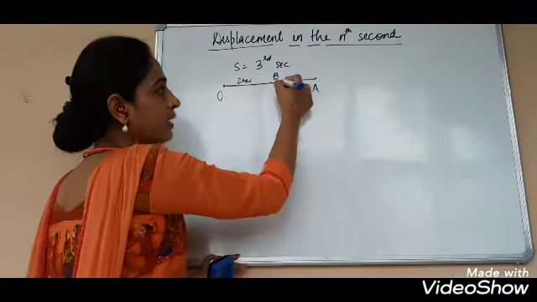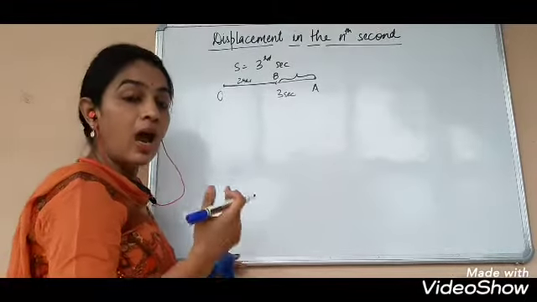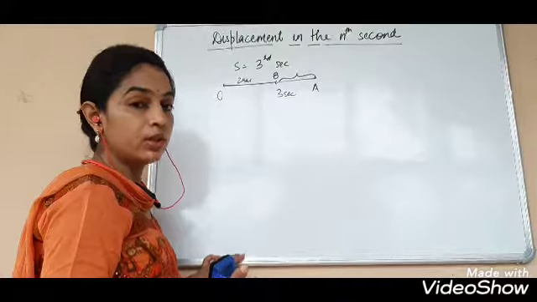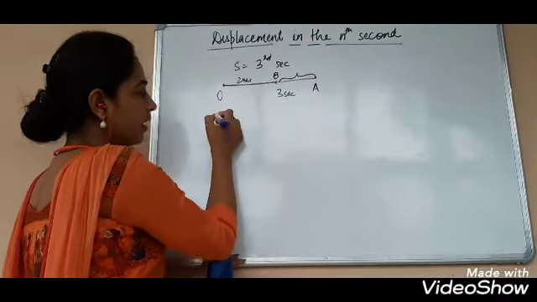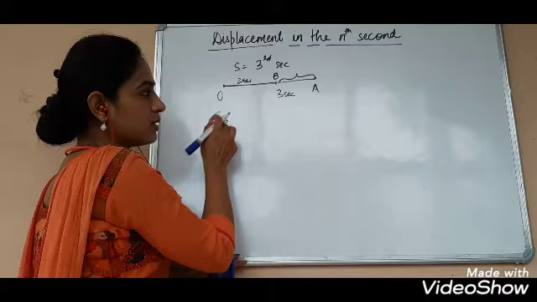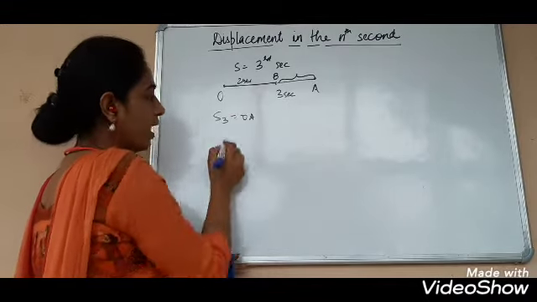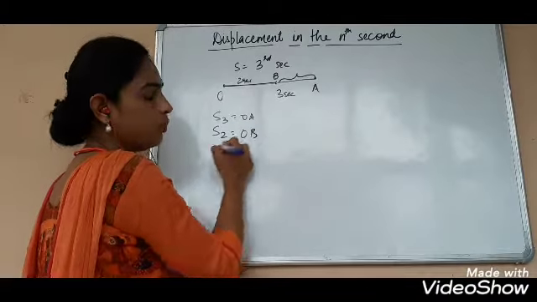So how to find the displacement in the third second, after the second second ended and before the third second ended? You can find this out if you know displacement in 3 seconds, that is OA, and displacement in 2 seconds, that is OB.